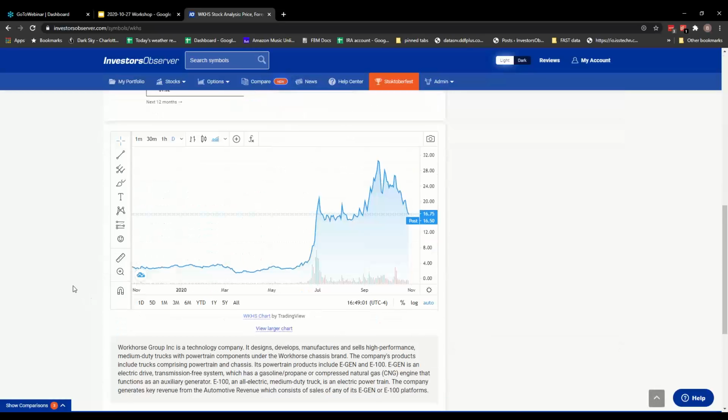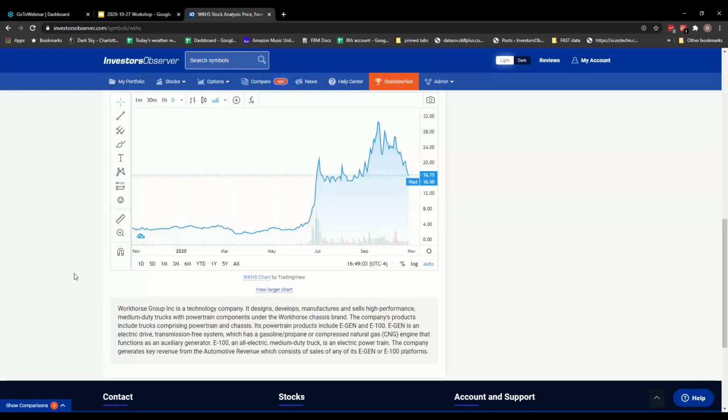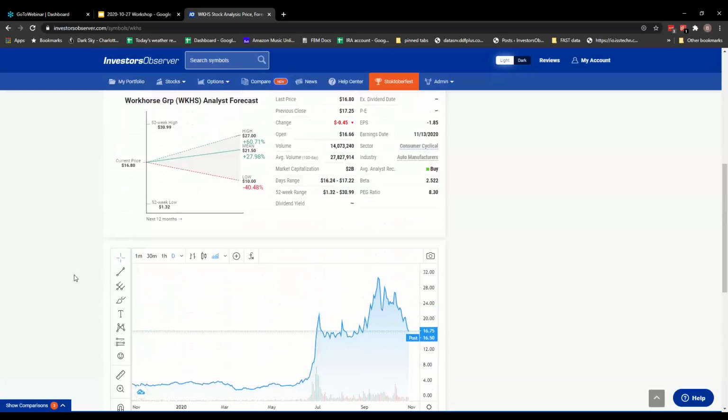I think Workhorse has actually produced a few trucks, but they're still very small in terms of scale. I think they have some contracts and things like that, but this is a very small company.